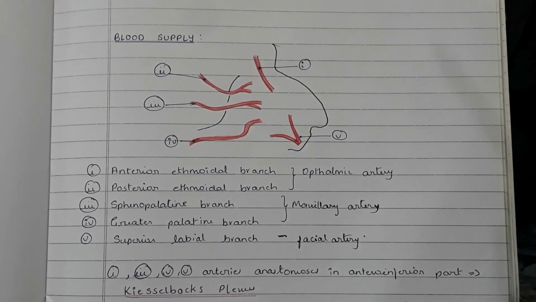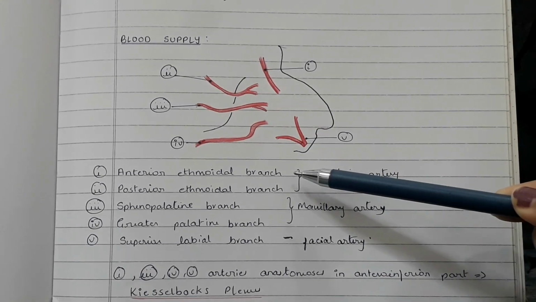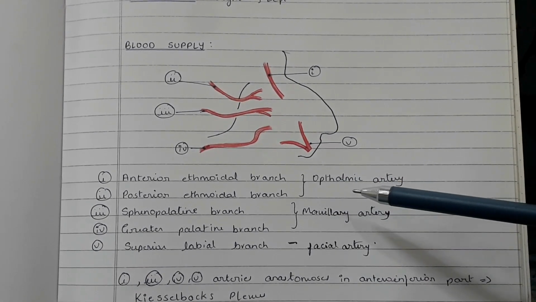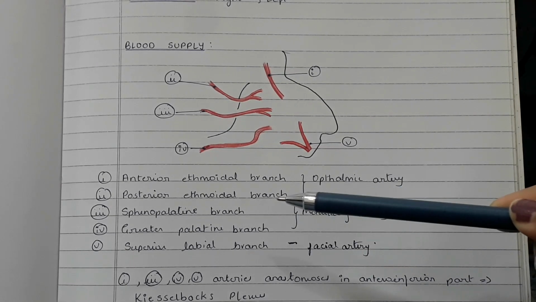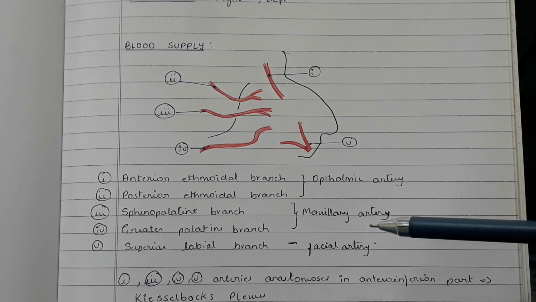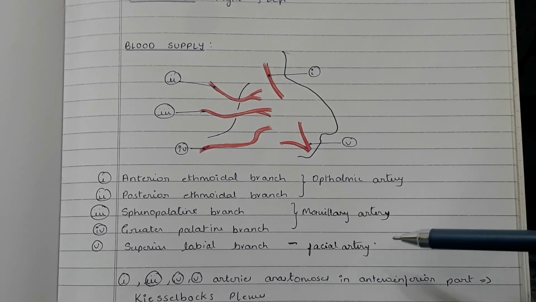Blood supply of the nasal septum is done by the anterior ethmoidal branch and the posterior ethmoidal branch of the ophthalmic artery, the sphenopalatine branch and the greater palatine branch of the maxillary artery, and the superior labial branch of the facial artery.